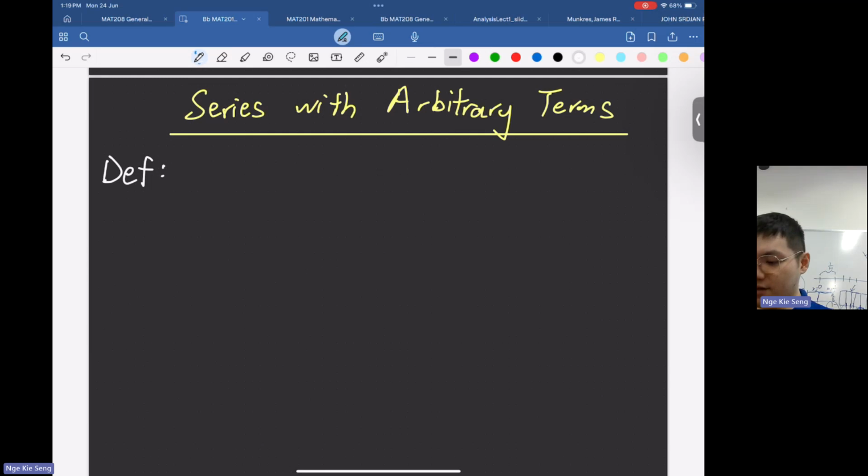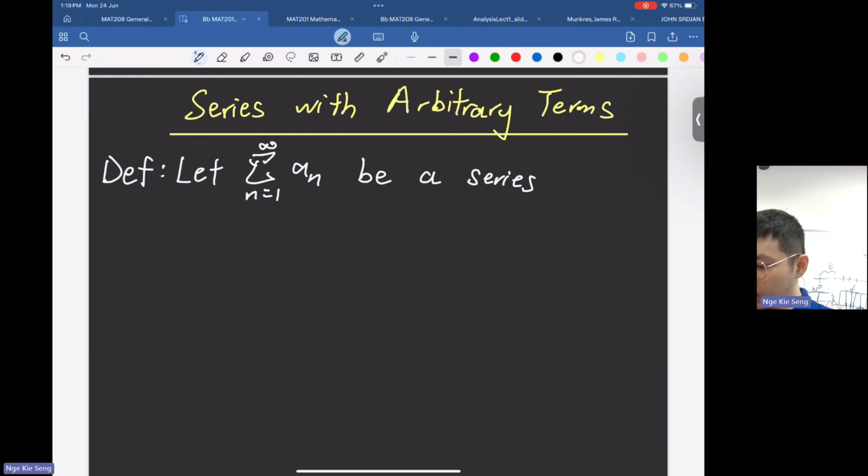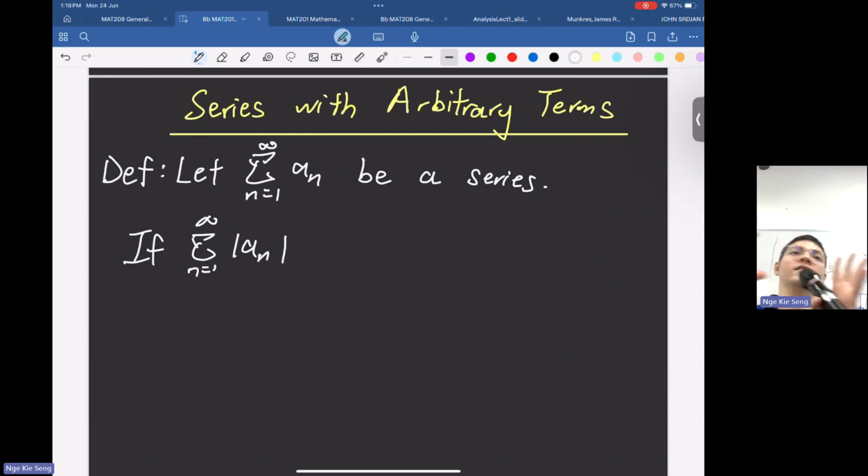So how do we test this kind of series? One notion we introduce is converging absolutely. What does converges absolutely mean? Let's take a series. Maybe I don't know how to compute this series, but if I just consider the absolute value of an, I go back to the case of a series with positive terms. Then we can check using all the tests we have introduced: simple comparison test, limit comparison test, integral test.